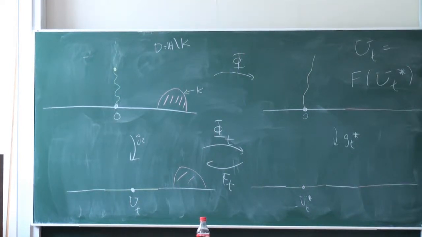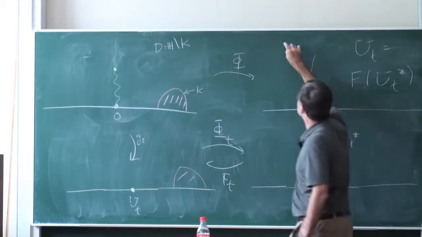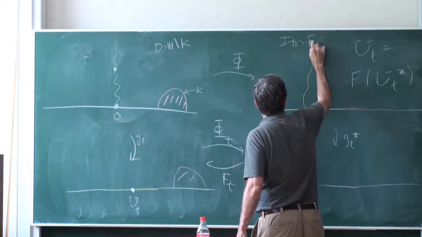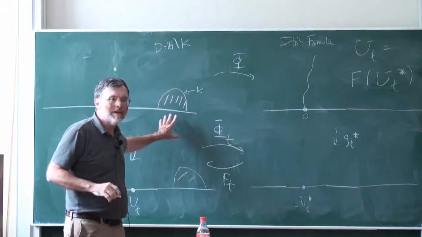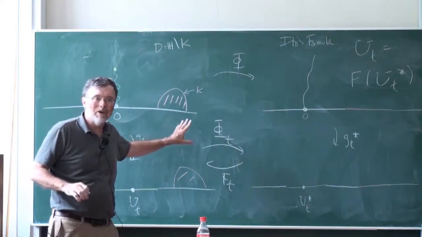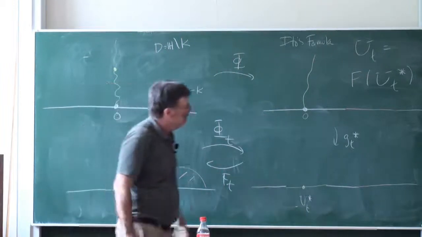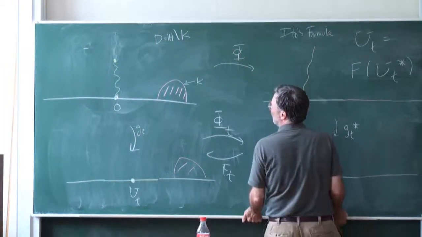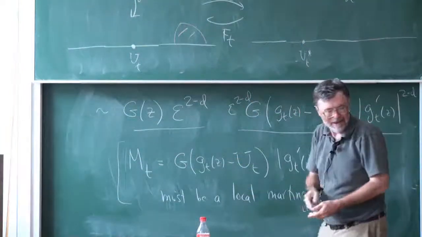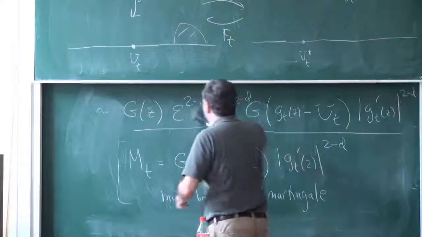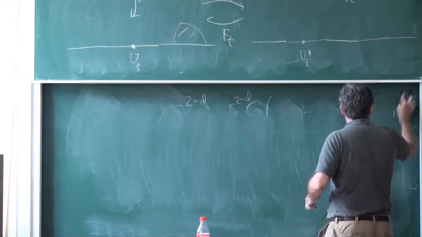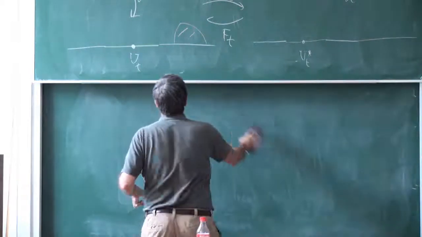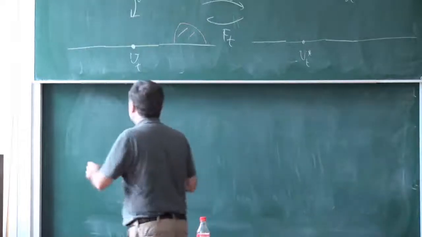And we can use Ito's formula to determine the distribution of U sub t. It's not something you want to do in public because you have to be a little careful with your Loewner equation here. But what you get is the following. So I'll call it a theorem.